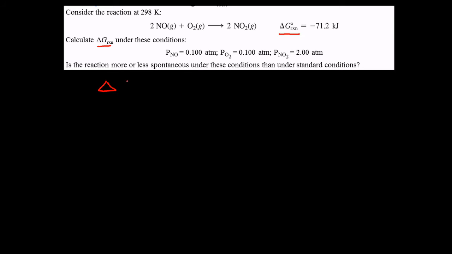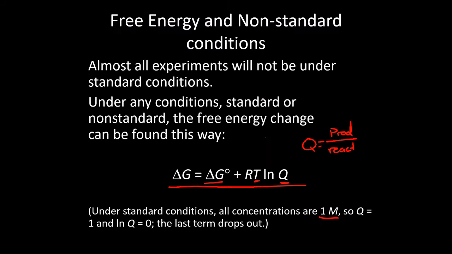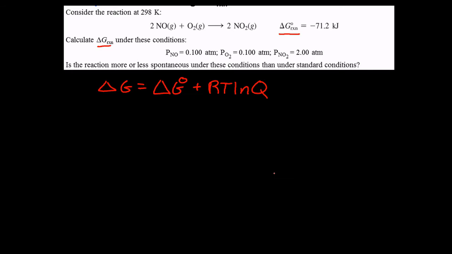All right. So if you remember from the previous slide, the non-standard Gibbs free energy is equal to the standard Gibbs free energy plus RT ln Q. That's this here from the previous slide. We are just given the standard value, so we don't really need to do anything to find that.